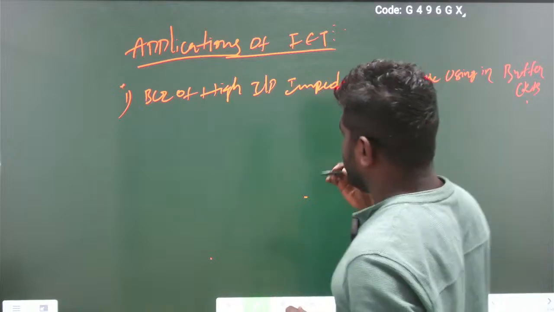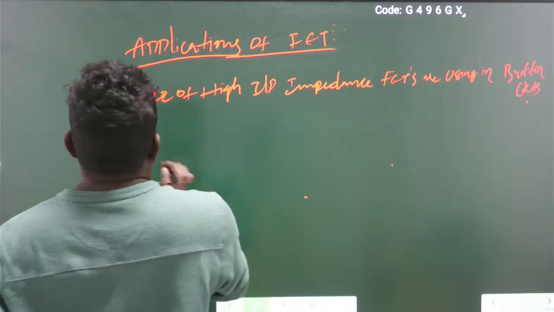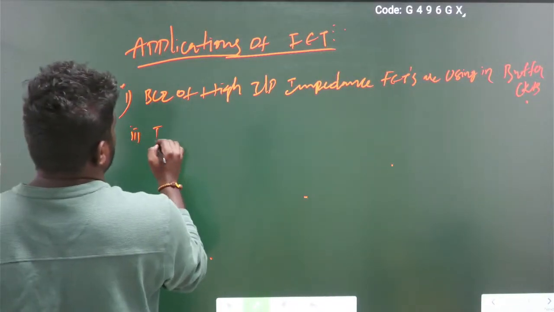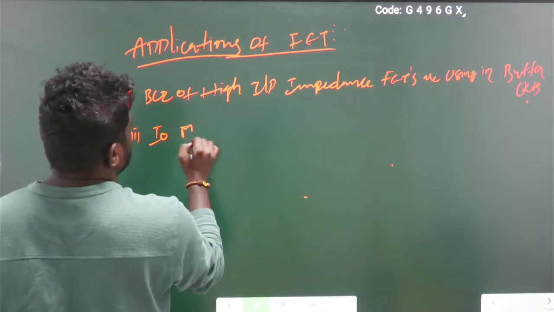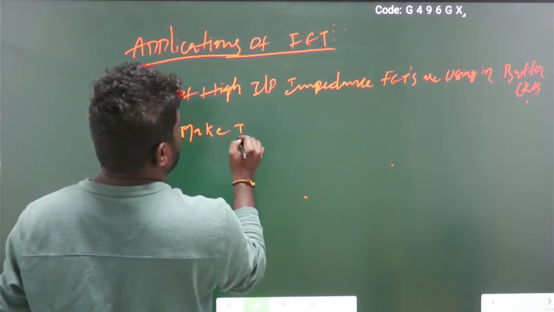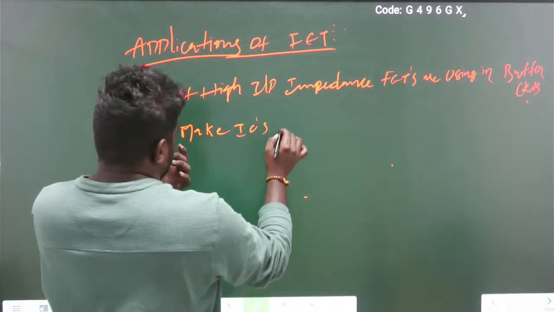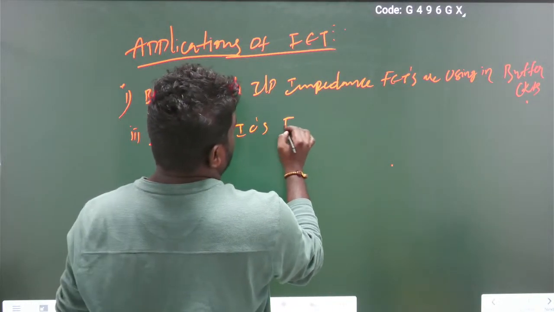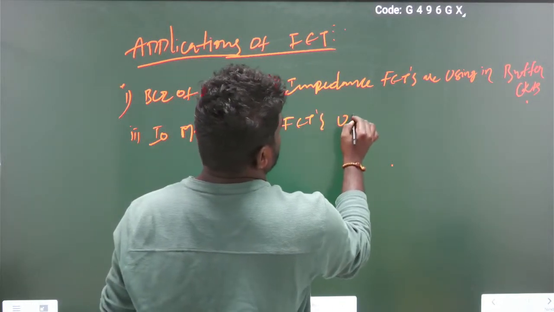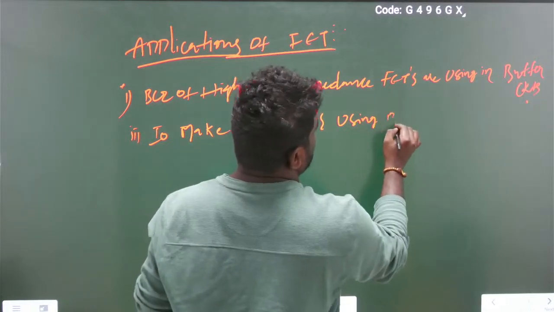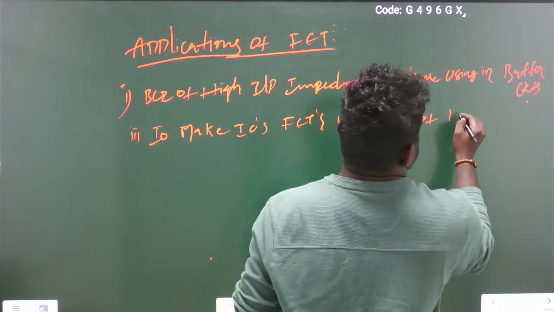You know, because of high input impedance, FETs are using in buffer circuit. To make ICs, means integrated chips, we are widely using FET because of less space occupied.